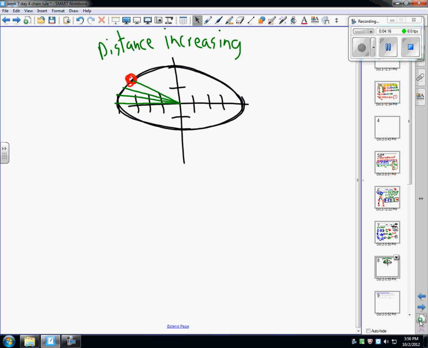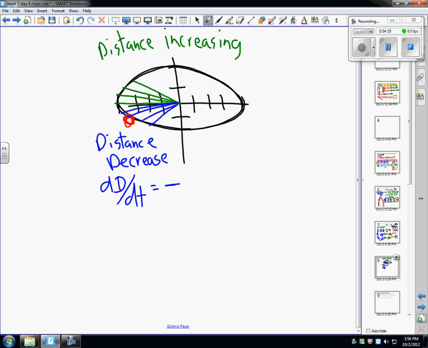But later, once the red guy gets over here, my distance starts to decrease. So this dD/dt would be negative, and this dD/dt would be positive.